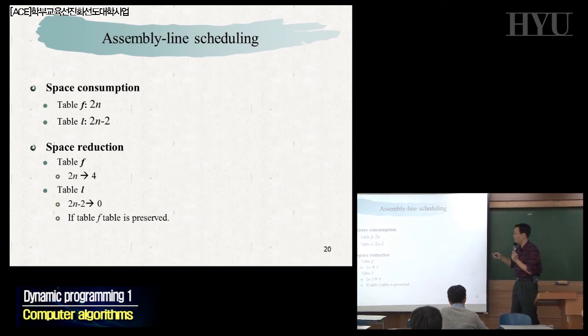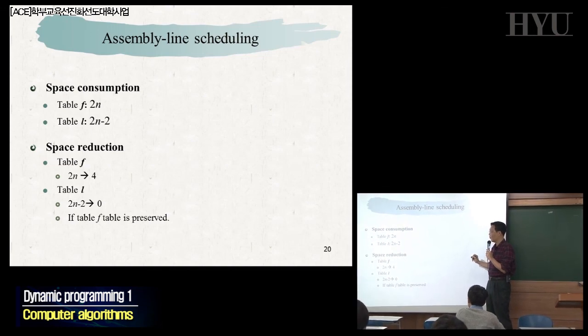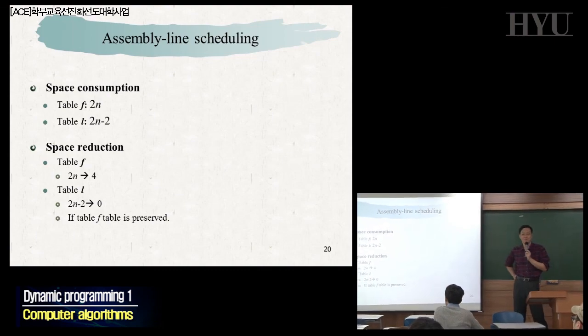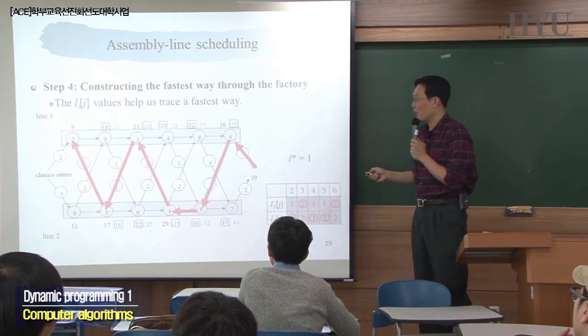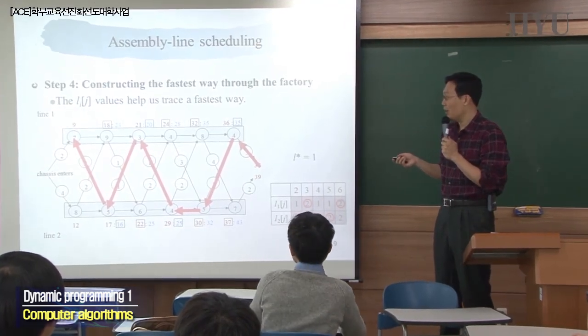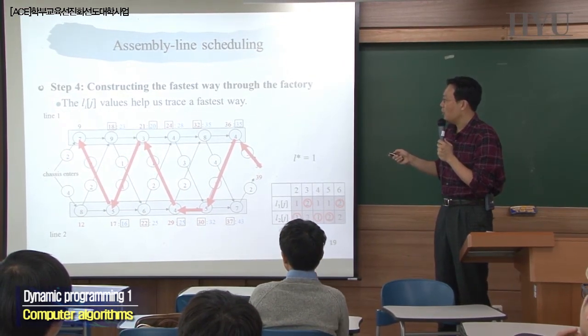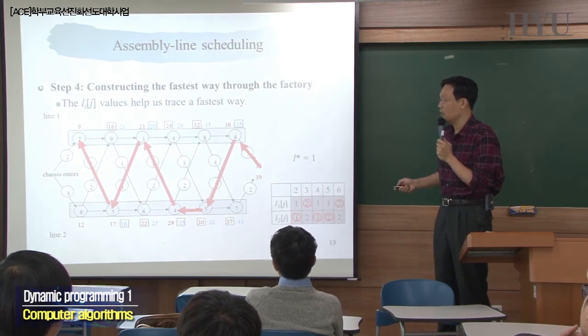The other way is, if we don't reduce table F, we can abandon table L. We don't need table L. Without table L, we can trace back in constant time. Without the table L, we can trace back like this. We don't store 36, but we already stored 32 and 30.